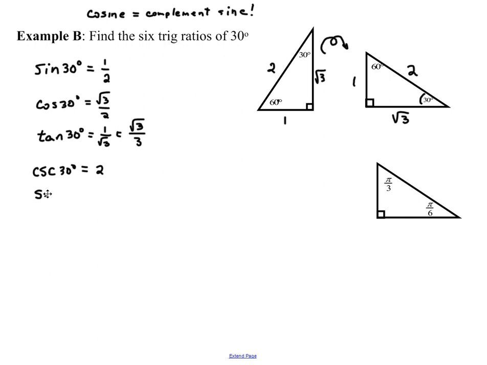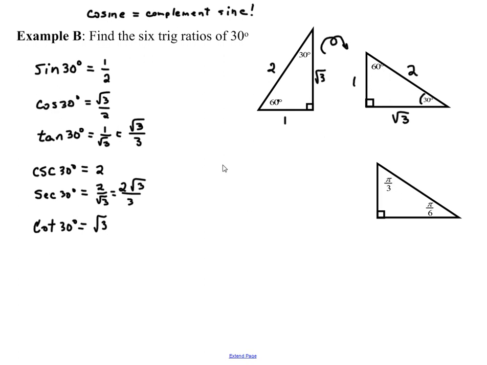The secant of that 30-degree angle, that's 2 over square root of 3. But we rationalize that and make it 2 times the square root of 3 over 3 when we express it. And then, of course, our cotangent of 30 degrees is going to be 1 over the tangent, or in other words, square root of 3 over 1.